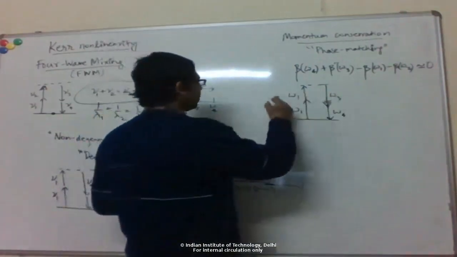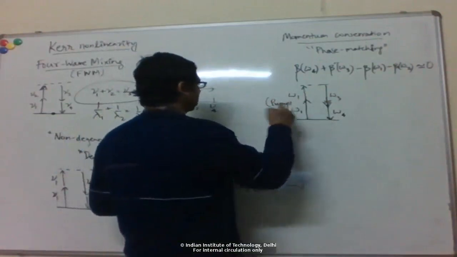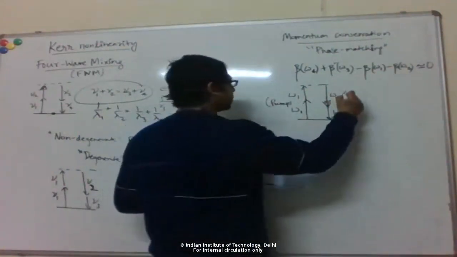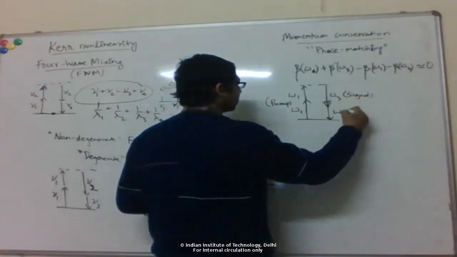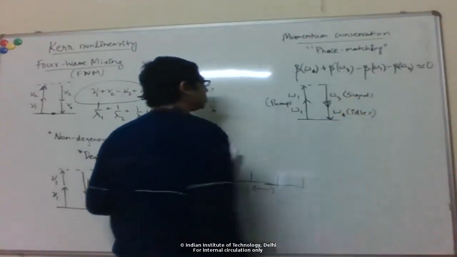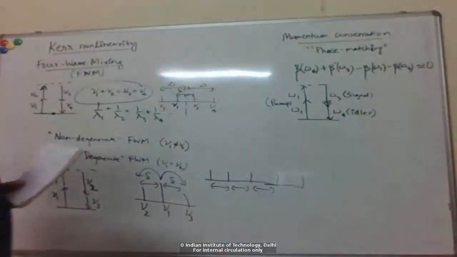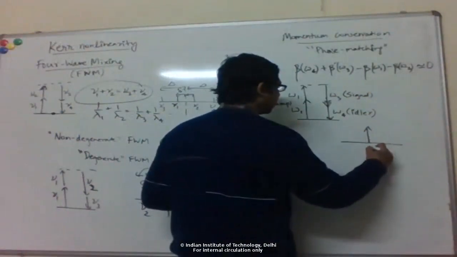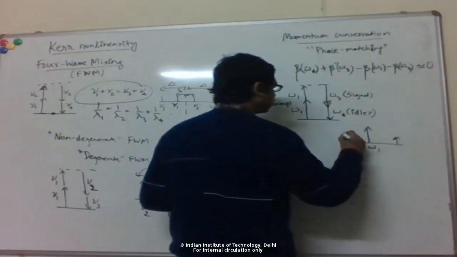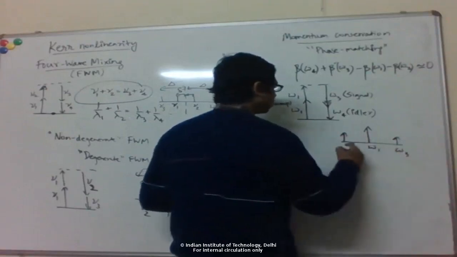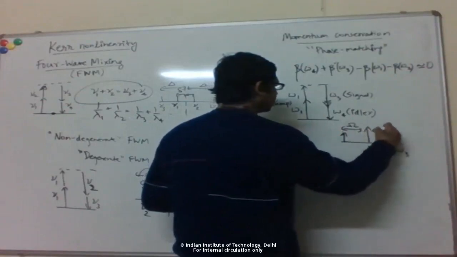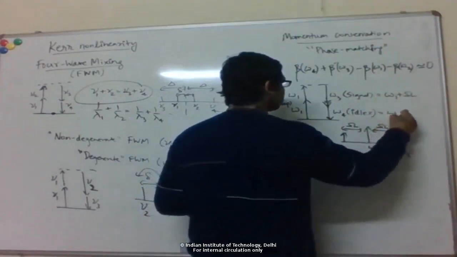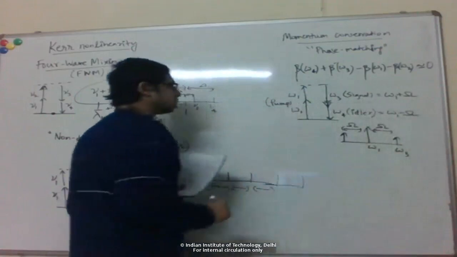Typically these input waves are again called pump, from conventional nonlinear optics terminology. And then these output waves are called signal and idler. Okay, so you can see that, since they are symmetrically placed here, from energy conservation, if the frequency separation here is some capital omega, then omega 3 is omega 1 plus capital omega and omega 4 is omega 1 minus capital omega, so that the sum is 2 omega 1.